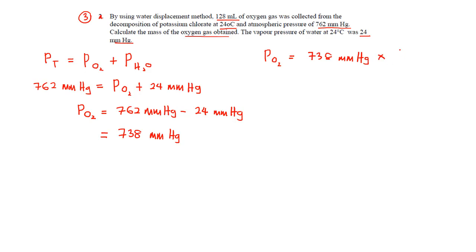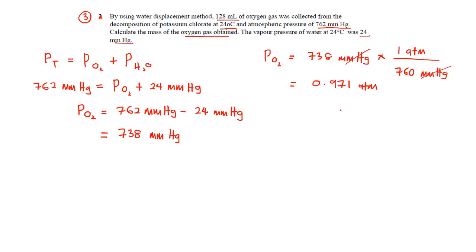To convert from millimeter mercury to ATM, you have to divide by 760. Writing the units like this shows that the millimeter mercury will cancel off, leaving you with only ATM. So your pressure of oxygen gas should be 0.971 ATM.